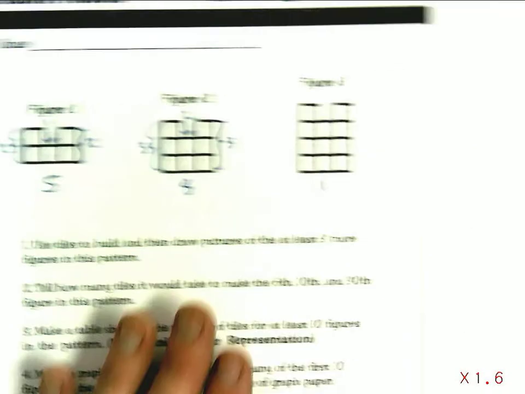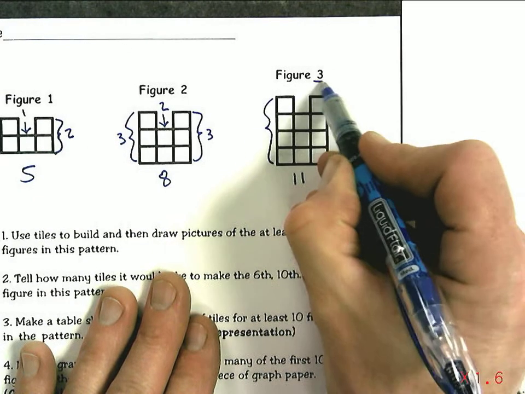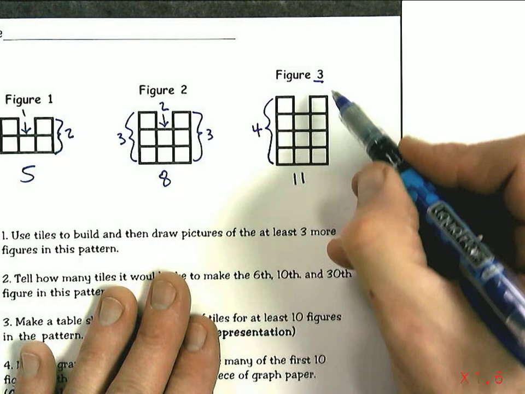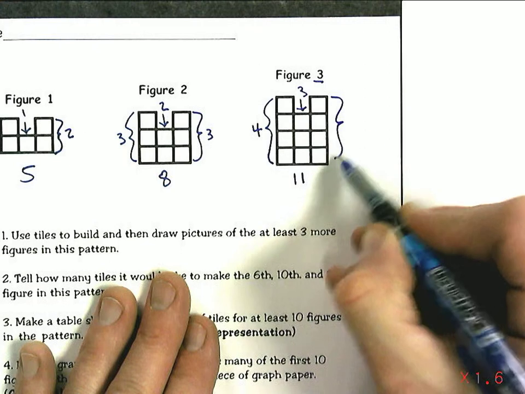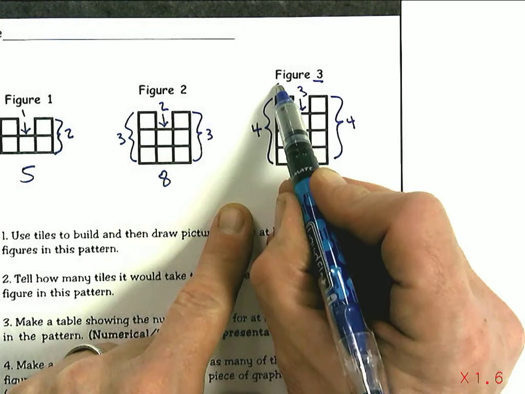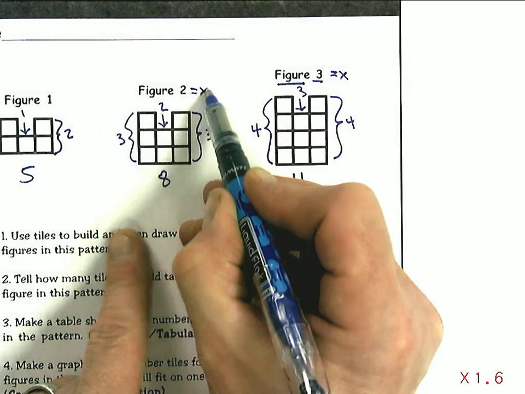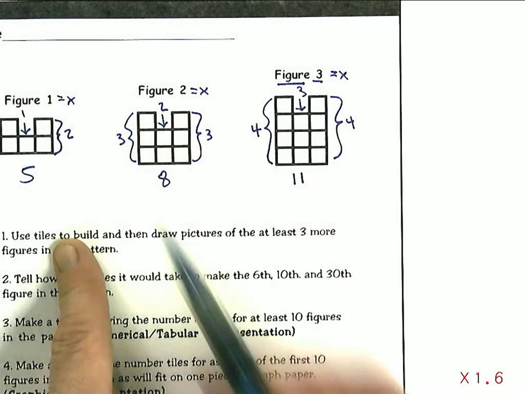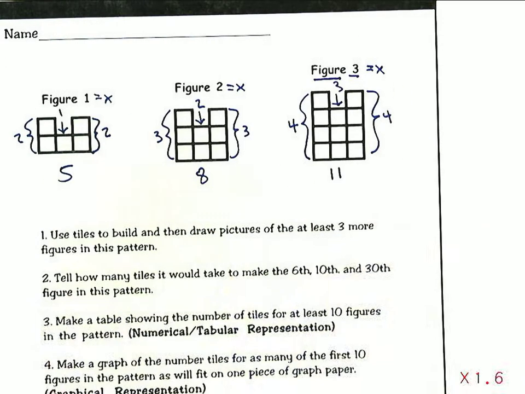And as I do that, I'm trying to think about the figure number and how these numbers relate to that figure number. So I'm always looking for the figure number because that's x, and that's x, and that's x. See, x is always the figure number because that's what we've defined it as.